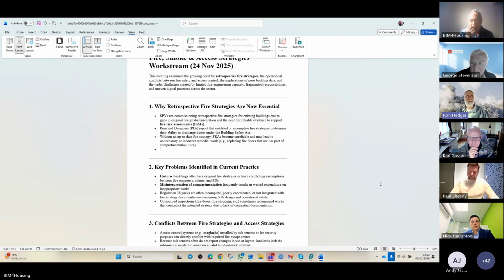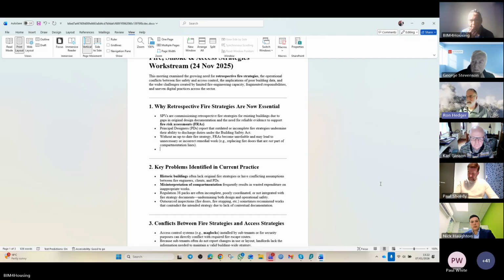So I've put my reply in the chat with the golden thread, because I hope that I might be able to provide fire safety for that. But I agree completely so far, particularly with Andy Jackson's point, which is that in effect the fire strategy for a building is the record of what fire precautions have been provided.